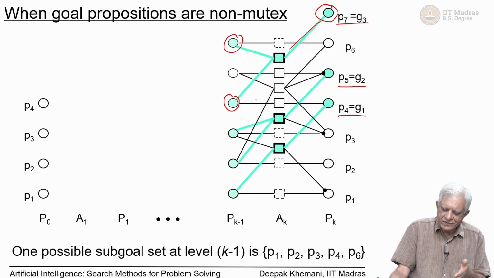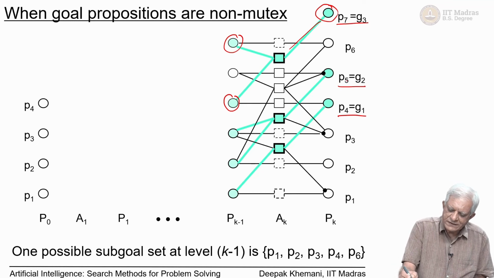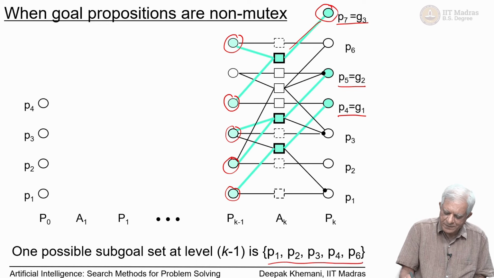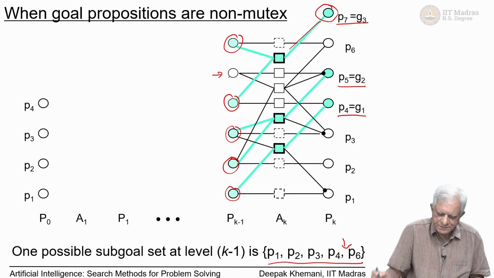And likewise, as you can see for the other 2 goal conditions G1 and G2 or P4 and P5, these are the preconditions. So, if these 5 elements P1, P2, P3, P4, P6 are present, P2 is this one, P5 is missing from here, as you can see, and it is missing from here.